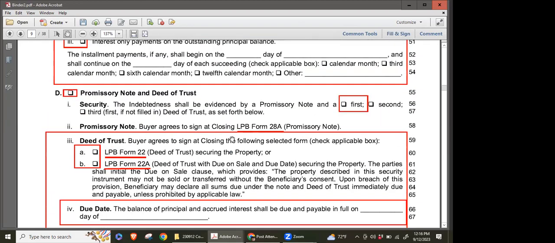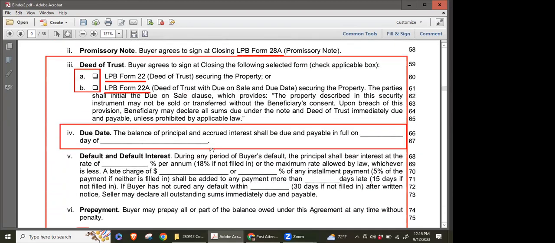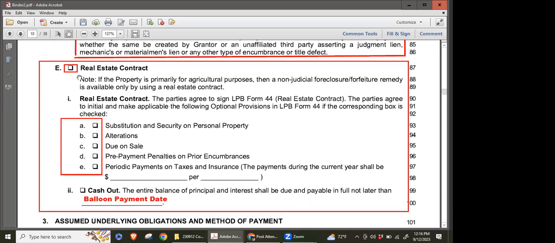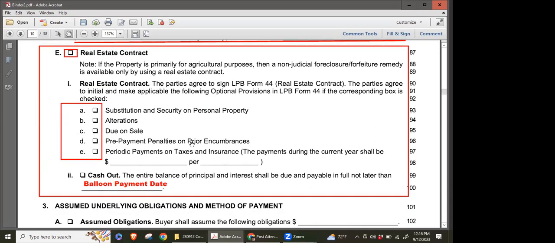Now, if you don't use D, then the other option is E, and that's a real estate contract. And you notice here that the form is LPB form 44.